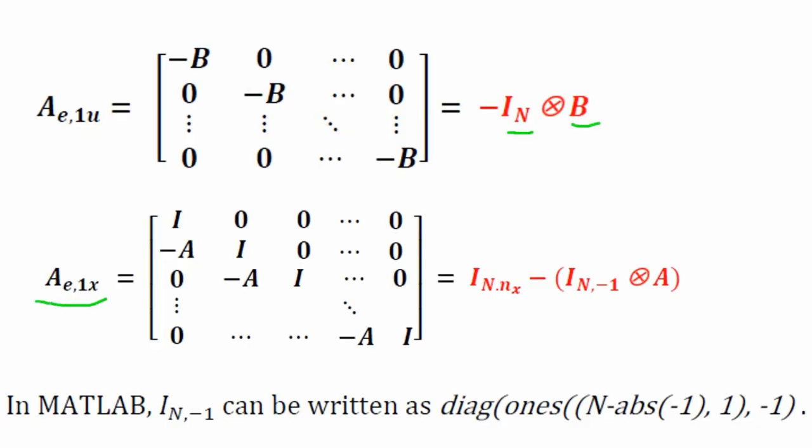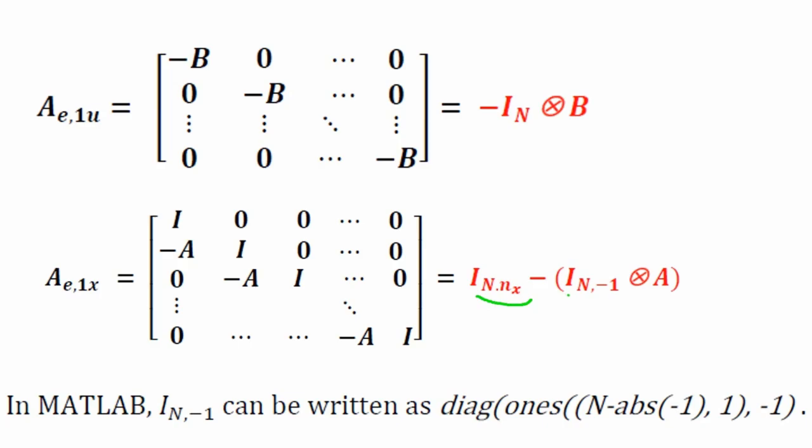Let's write it down. We have also talked about the special matrix that you can see here. As you can see, the diagonal elements are all identity matrices, and this A is skewed with the position of -1. We can break this into two parts. Let's first consider the diagonal I elements, and that can be simply written as I of n times nx. Why do we have to multiply with n? We have to see the whole prediction horizon, and we have multiple states nx.